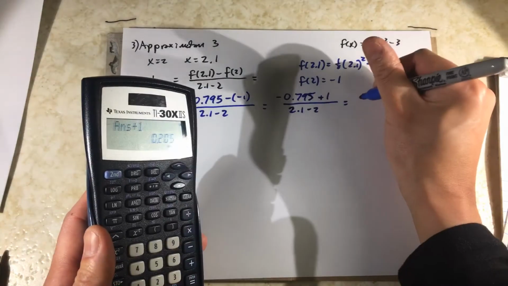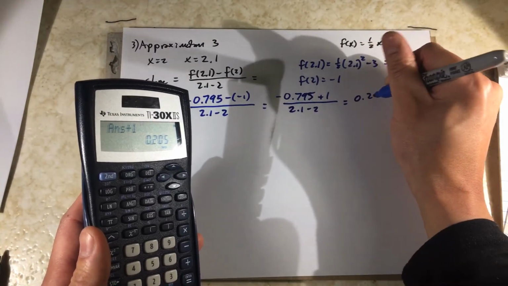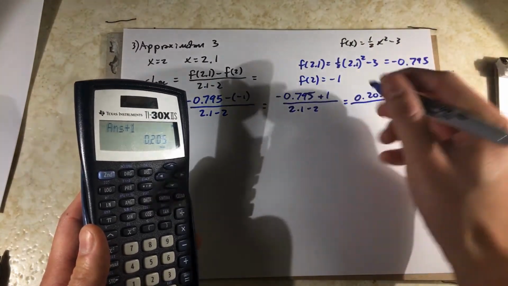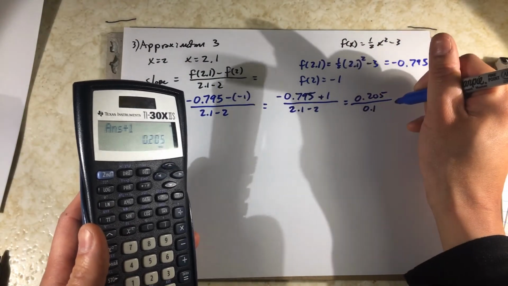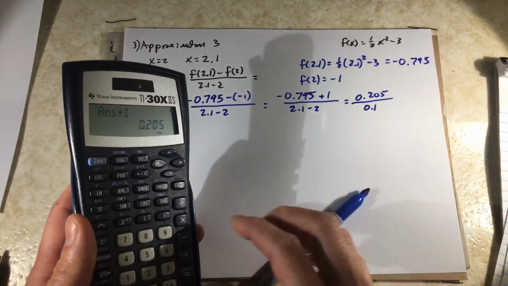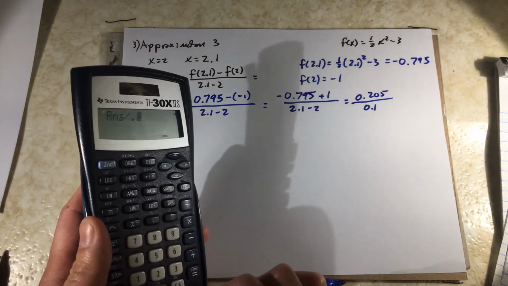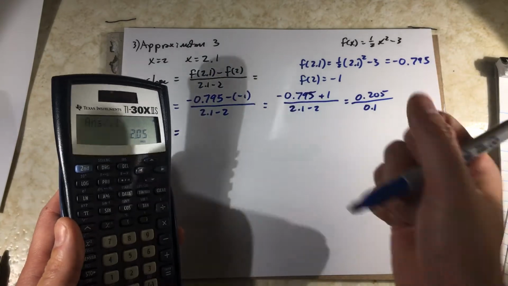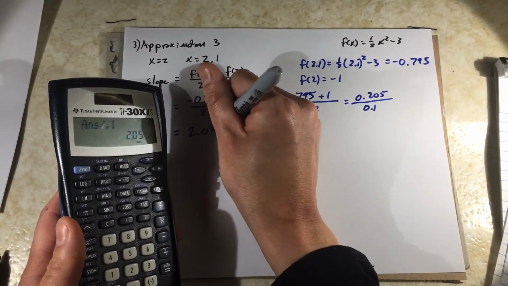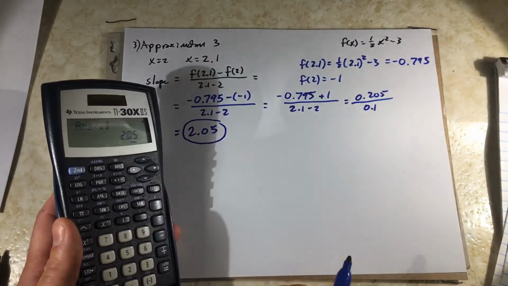And I get 0.205. And 2.1 minus 2 is 0.1. So if I take that number and divide it by 0.1, I get 2.05. All right.